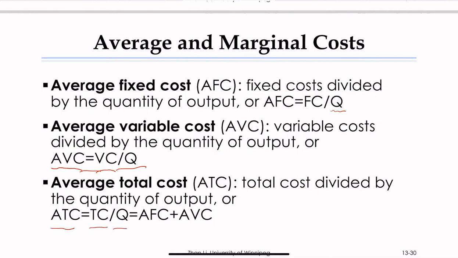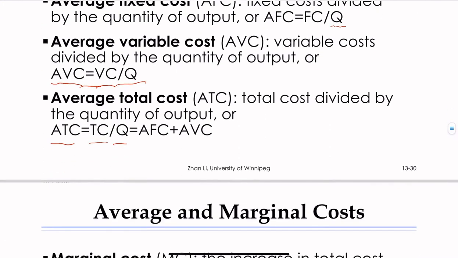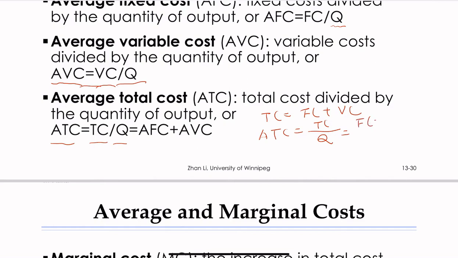And because we know total cost equals fixed cost plus variable cost, now we would see that average total cost equals total cost divided by quantity, which is fixed cost plus variable cost divided by quantity.